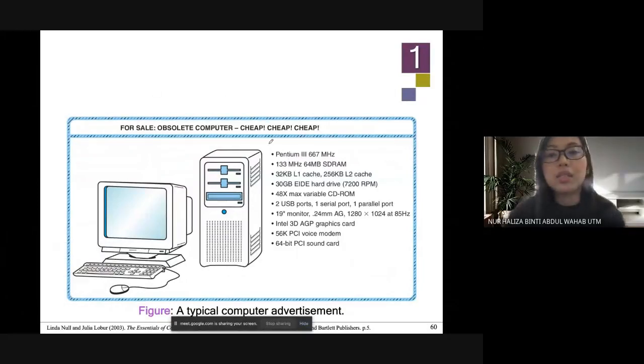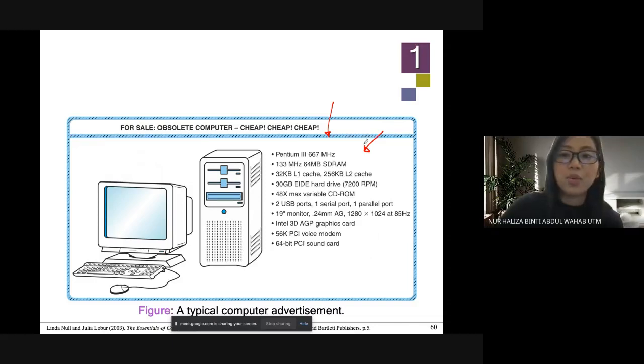Okay. So this one we also already touched a little bit last class. So over here, this is how, if let's say you want to sell the computer or your laptop, you're going to do flyers, the advertisements.